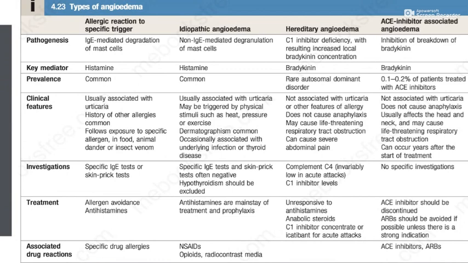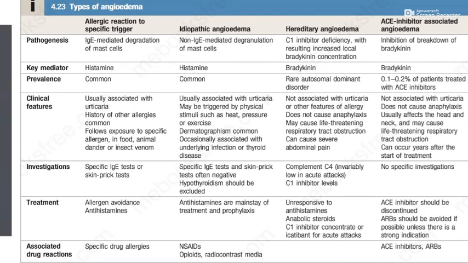In the hereditary angioedema, you should measure complement C4, which is invariably low in the acute attacks, because as we said there will be consumption, and you should measure the C1 inhibitor levels. In the ACE inhibitor type, there are no specific investigations.